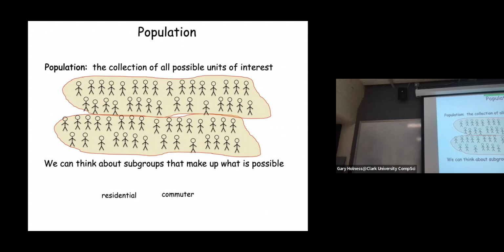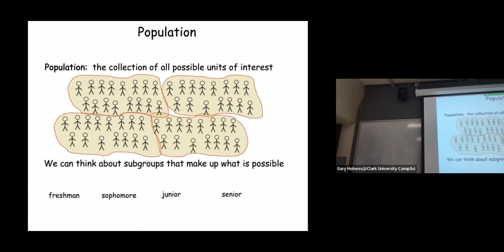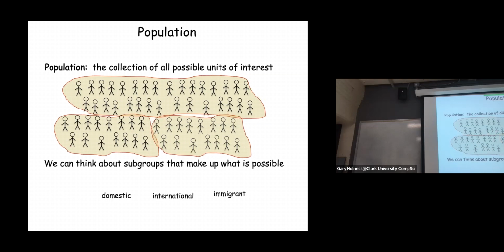They live on campus. And there are some who are commuter students, okay? That's another characterization that you might have. Now, of course, that's very different from your student status, okay? Another might be the place of origin where you started before you came to Clark. Some are domestic students, some are international students.